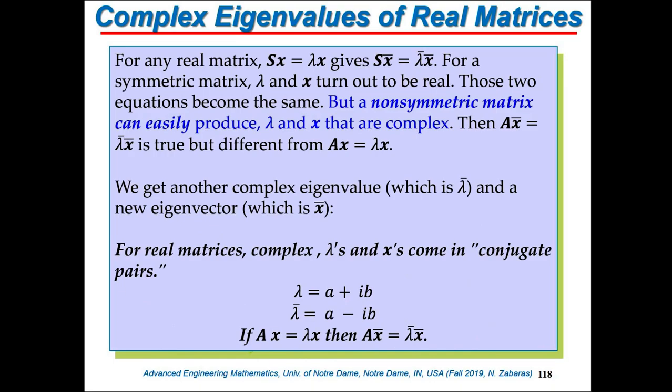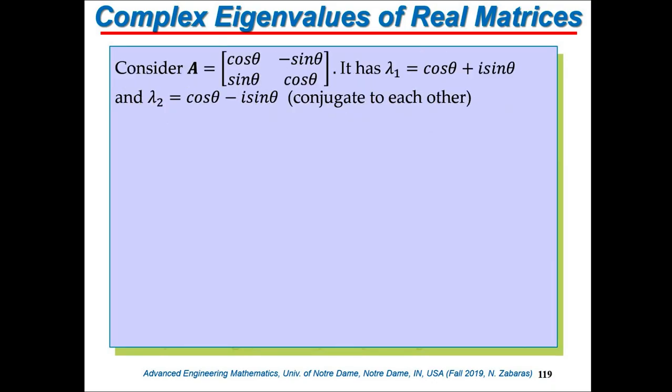If you have an eigenvalue a plus ib, the conjugate eigenvalue a minus ib is also an eigenvalue of A. And if x is an eigenvector, then x bar is also an eigenvector of this matrix. I'm going to show you one example for this nice matrix A.